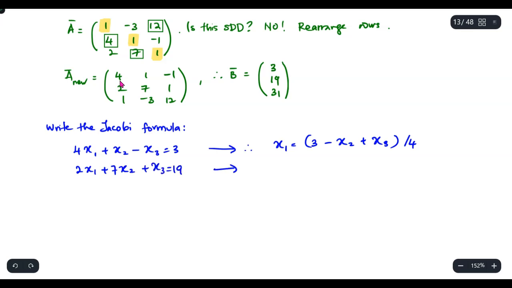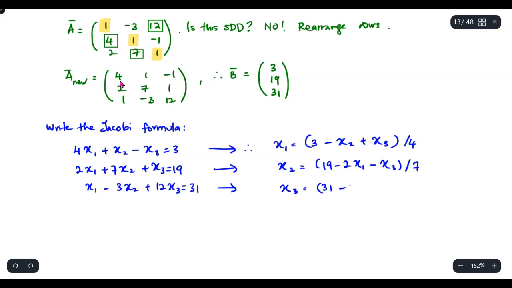From the second equation, we isolate x2, then we have 19 minus 2x1 minus x3 over 7. At the last row, we have x1 minus 3x2 plus 12x3 equals 31, so x3 equals 31 minus x1 plus 3x2 over 12.